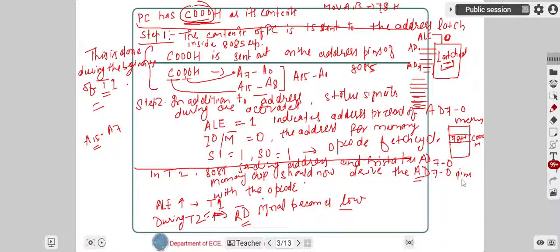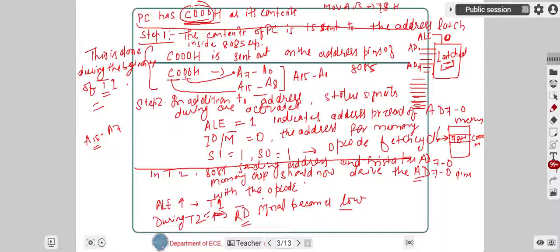So during the T1 clock cycle, this CPU accesses this memory, and during the T2 clock cycle, this RD bar becomes low, and this 78H data, which is the opcode for this instruction, is fetched.